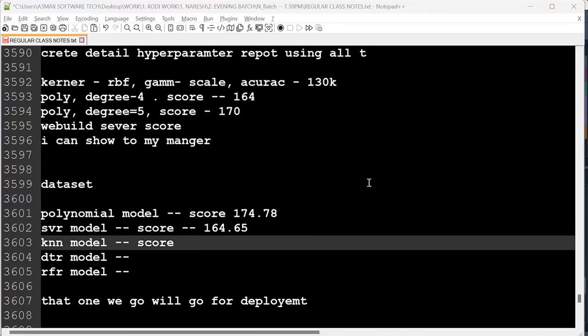Srikant said Python, KNN. Bhupinder said KNN. What about the rest of them? We'll finish KNN today. Python will take one entire day. Okay, KNN.